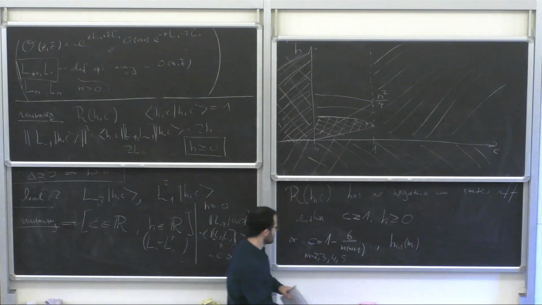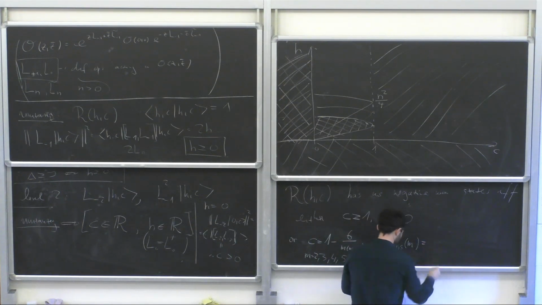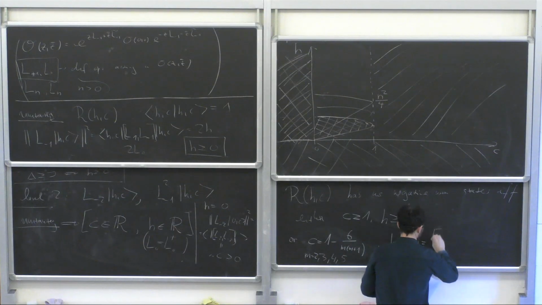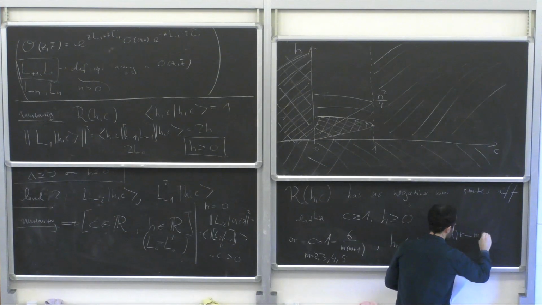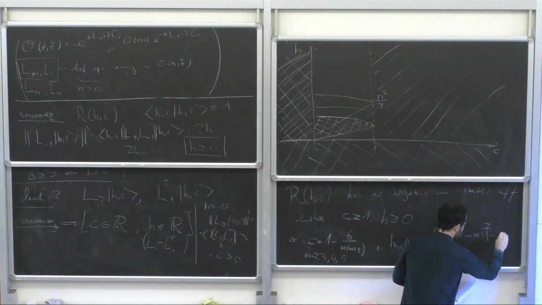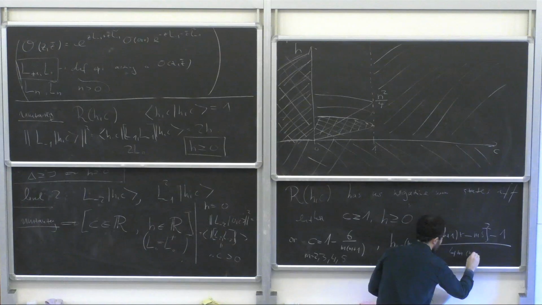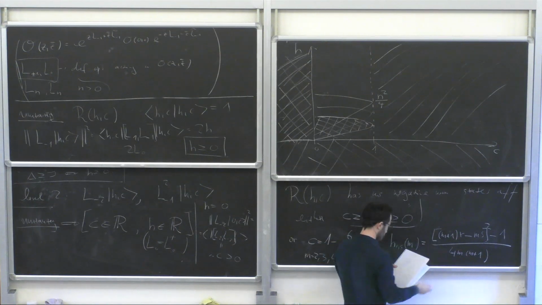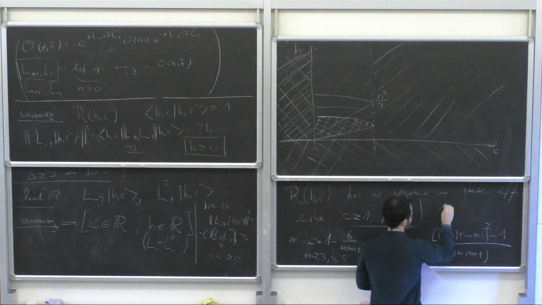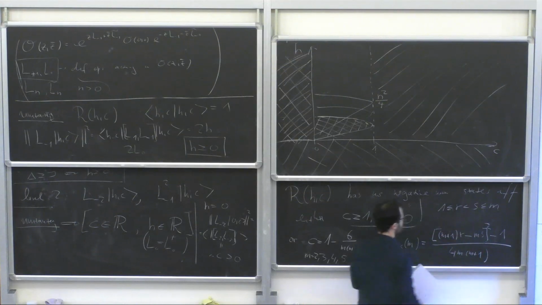For a given M, we fix the central charge, and for that M there is a finite set of values of H where the representation is unitary, which looks like this: ((M+1)R minus M S) squared minus 1, divided by 4M(M+1). And here R and S are integers satisfying the following inequalities.